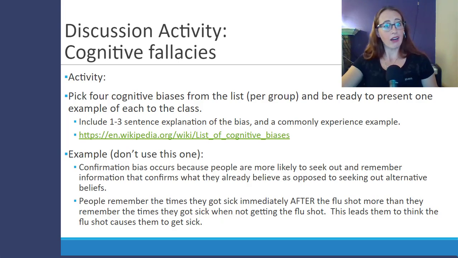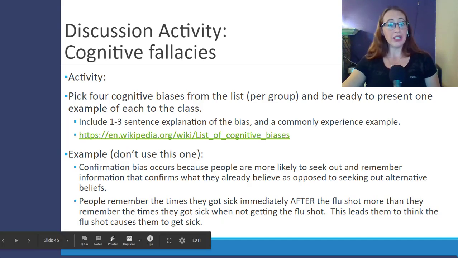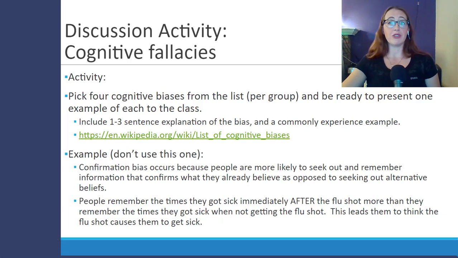Try to pick ones that are either really relevant to your own life or are kind of entertaining where you would remember them. Bonus points if you can come up with ones that you do. But it's generally easiest if you try to find ones that other people do. Because again, you see this easier in other people. And generally the ones that other people do are also going to be the ones that you do most often, just from a statistics point of view.